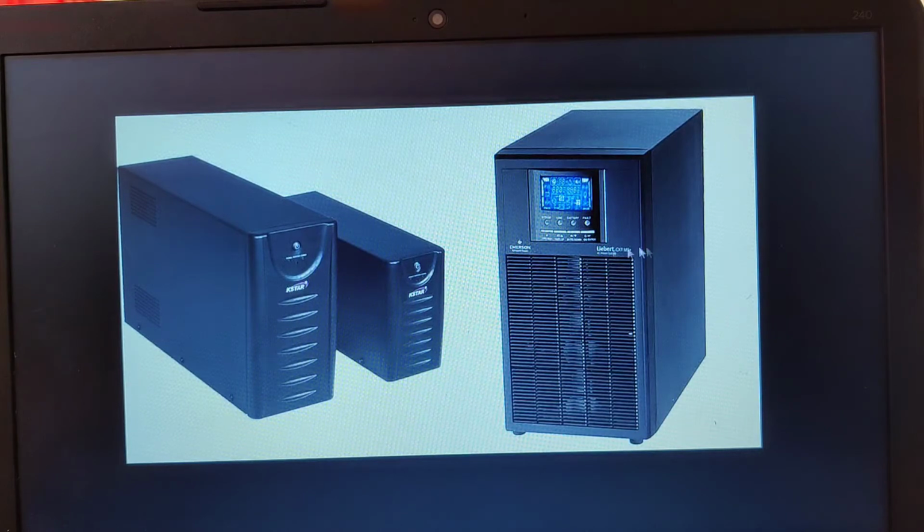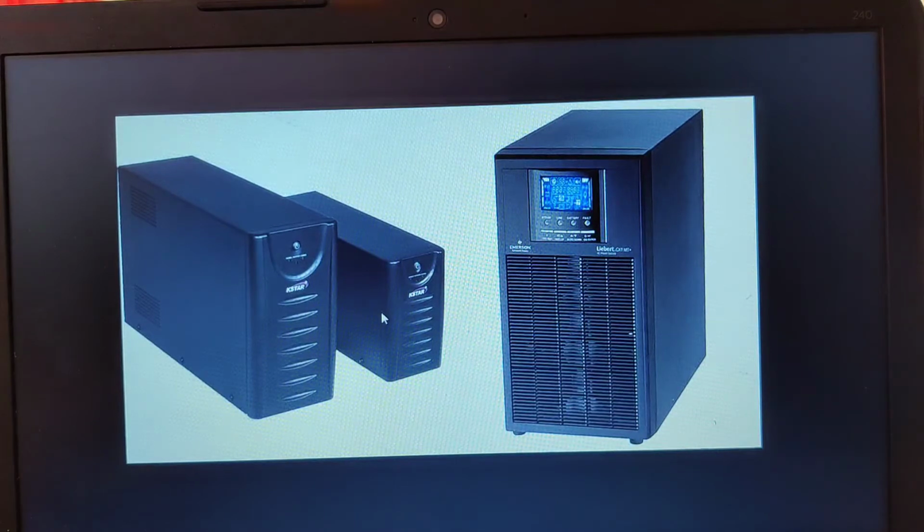In case of online UPS, what happens? No matter whether the current is there or not, the power supply will be provided to your computer system through the online UPS only. Even if the current is there, you will be getting the power supply to your computer system from the online UPS.